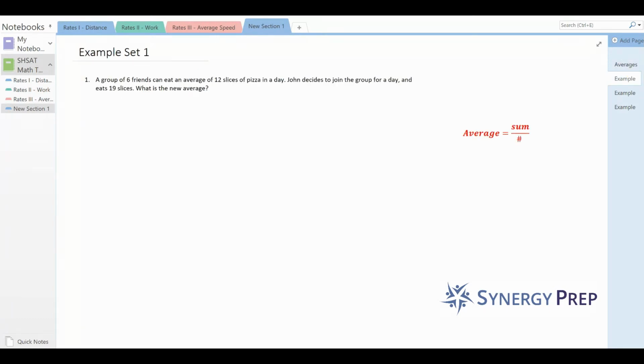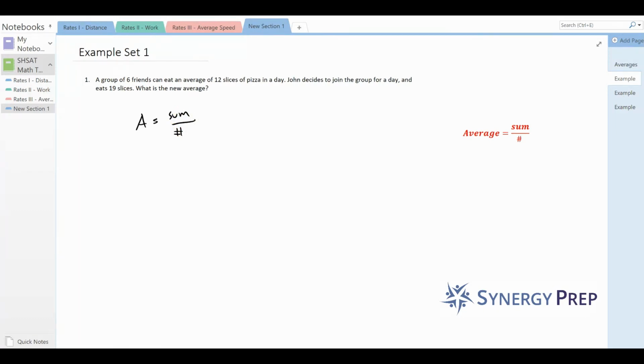Example set 1. A group of friends can eat an average of 12 slices of pizza a day. John decides to join the group for a day and eats 19 slices. What is the new average, right? So we use the equation that we've been using all this time. So A is equal to sum over number.